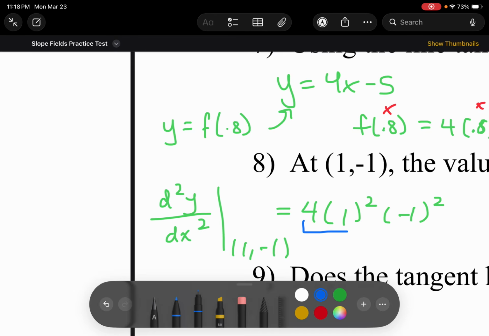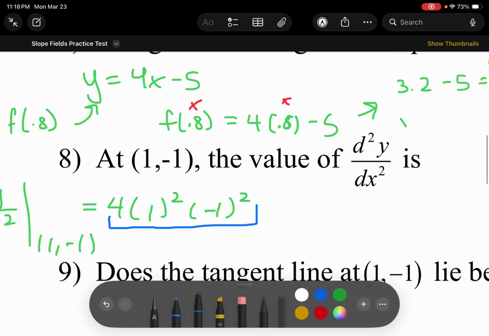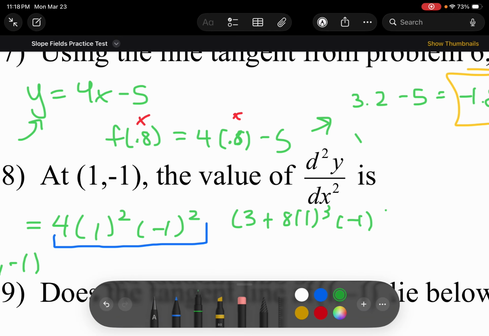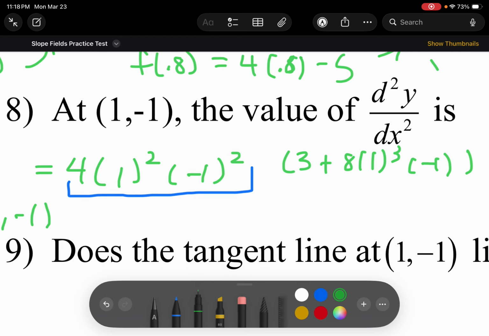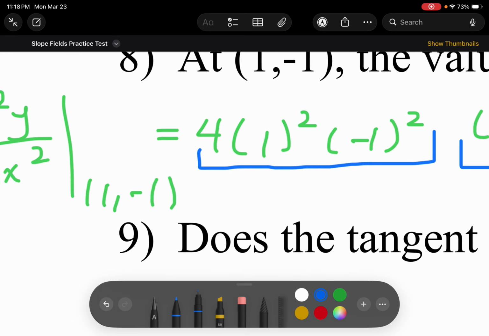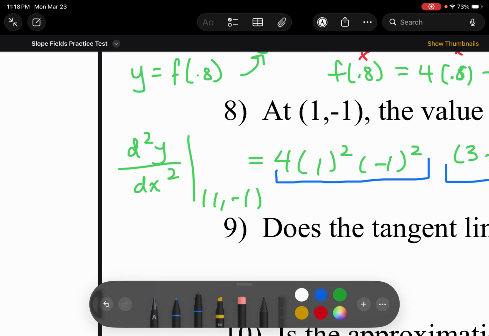Let's separate that into a chunk for now, and then do 3 plus 8 times 1 cubed times negative 1. Now I want to chunk these all together. After 4 times 1 squared, that's just going to give you 4. Times negative 1 squared is just 1.